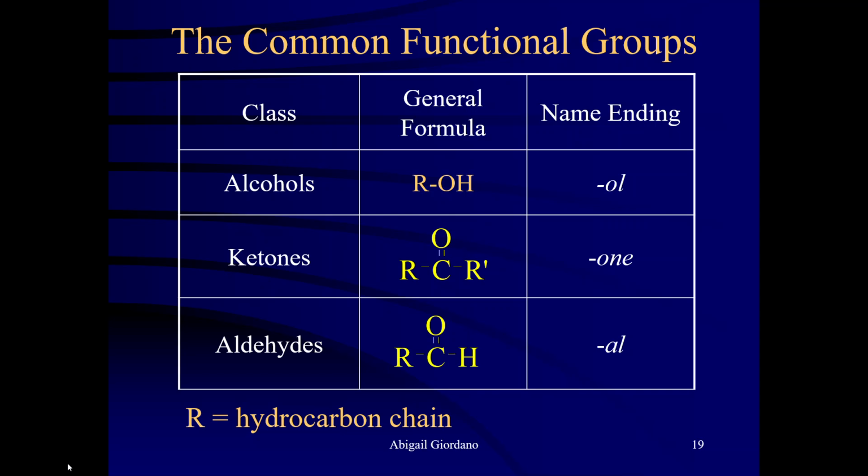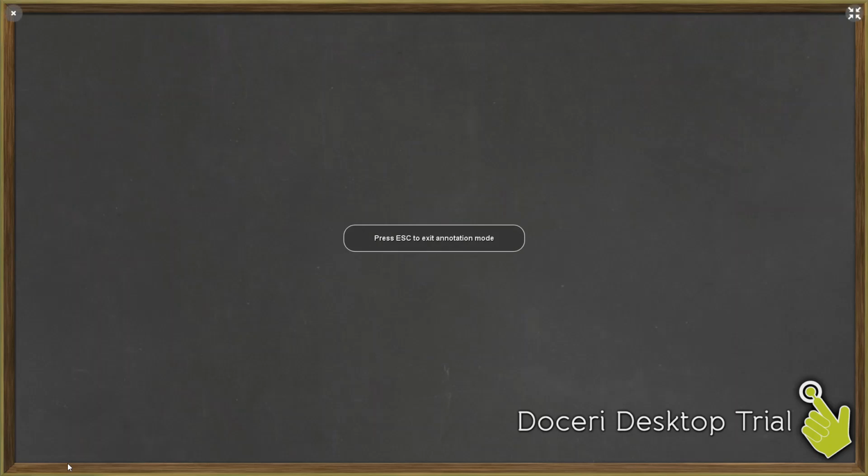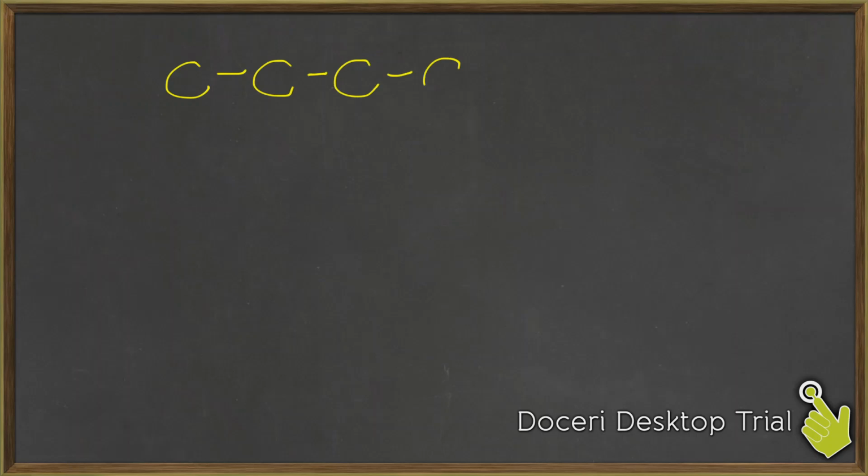So, for example, let me get to a fresh page here. Let's say we had a 5-carbon chain, and I'm just going to draw the carbon backbone. And to that carbon chain, I had an OH group on the end.